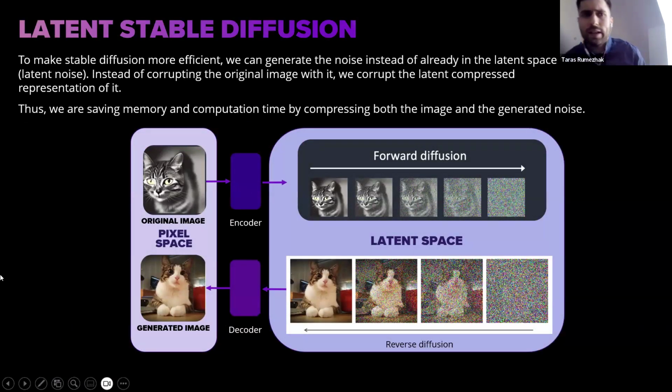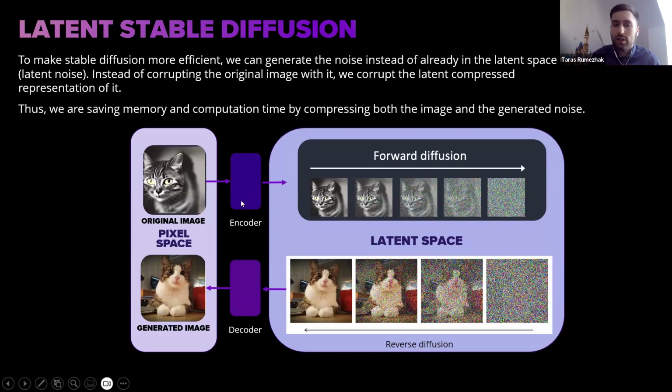Okay, now let's come back to latent Stable Diffusion. We mentioned the diffusion model, where we have forward diffusion, when we are gradually adding noise, and backward diffusion, when we are getting back the nice image from the noise. The idea of Stable Diffusion is to use the same operations, but not on the original images, but in the latent space. In that case, we are able to save a lot of computation.